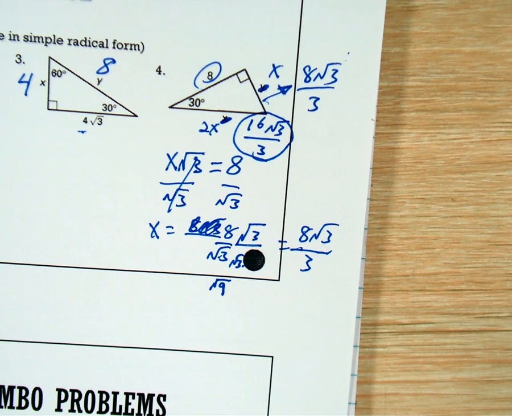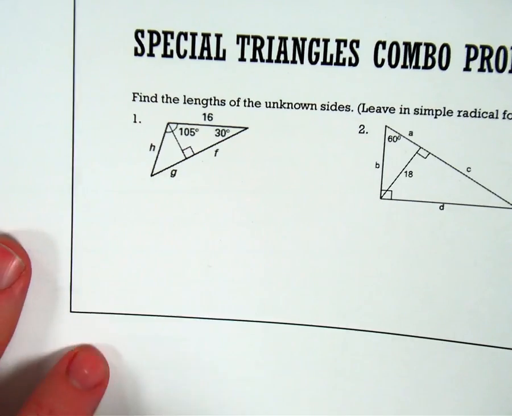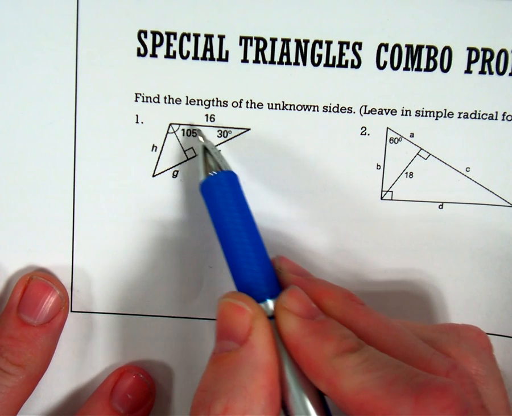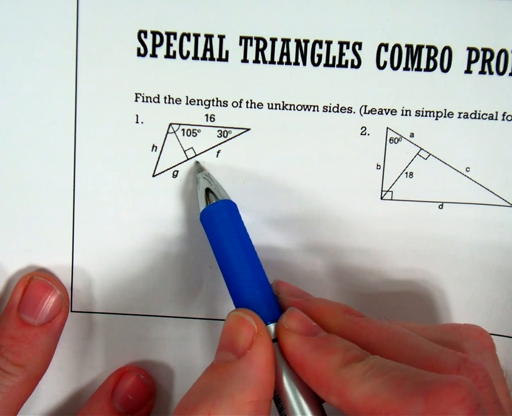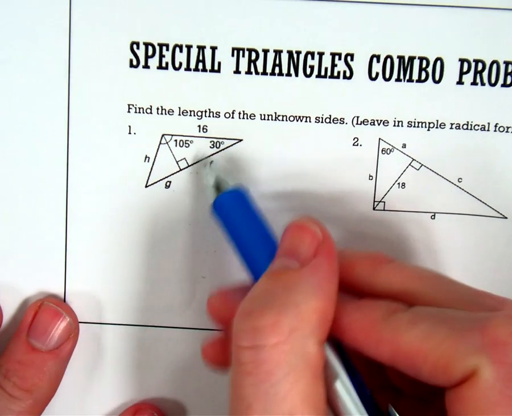Alright. Let's see what else we have here for fun. Combo, special triangle combo problems. So we got 30, 60, 90. Oh, we're going dark. Lights come back on. There we go. We got a 30, 60, 90 over here.